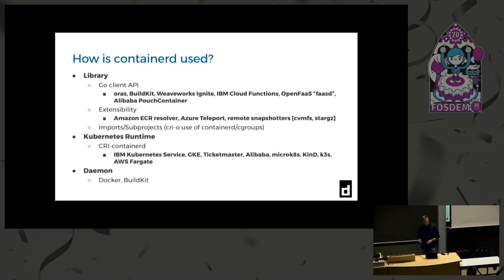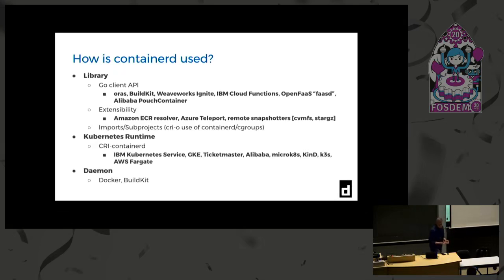I already mentioned Alibaba's Pouch container, which is an open source project. You can go look how they've used the Go client API to drive their container runtime. They've almost built essentially a Docker clone with all the registry operations, runtime operations in the Pouch container offering.